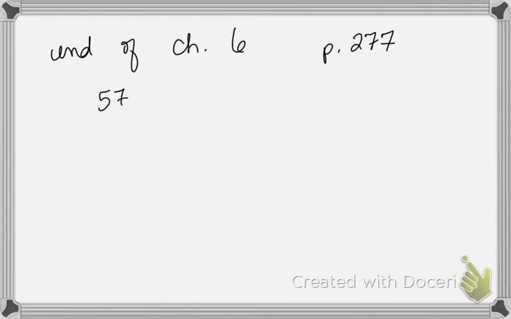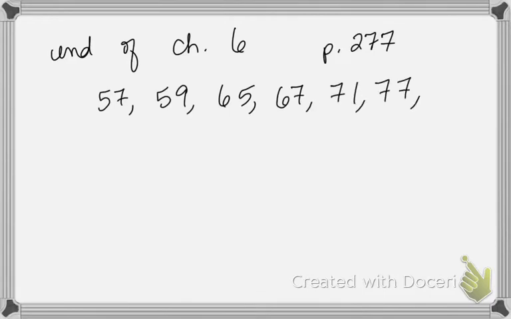Numbers 57, 59, 65, 67, 71, 77, 79, 81, 95, and 97. So y'all practice those. Meet me in one of the conferences. We'll talk about it. Email me. We can work any of them that you guys want to work.